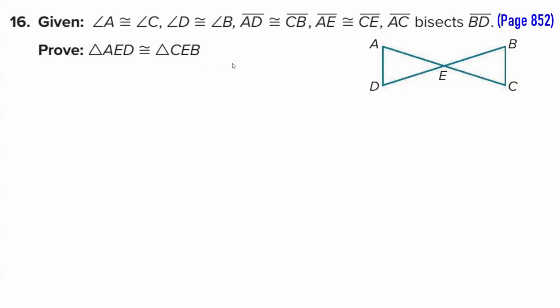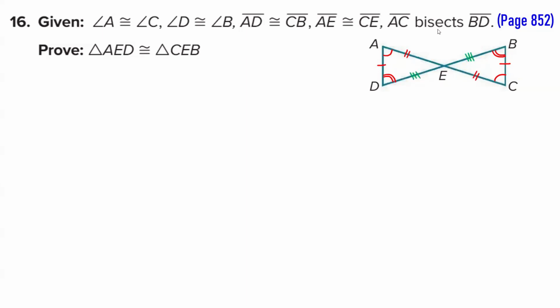So that is considered an easy question because, as you see, we know that angle A and angle C are congruent, angle D and angle B are congruent. Also, we know that the side AD is congruent to the side BC, and it is given that the side AE is congruent to the side CE.